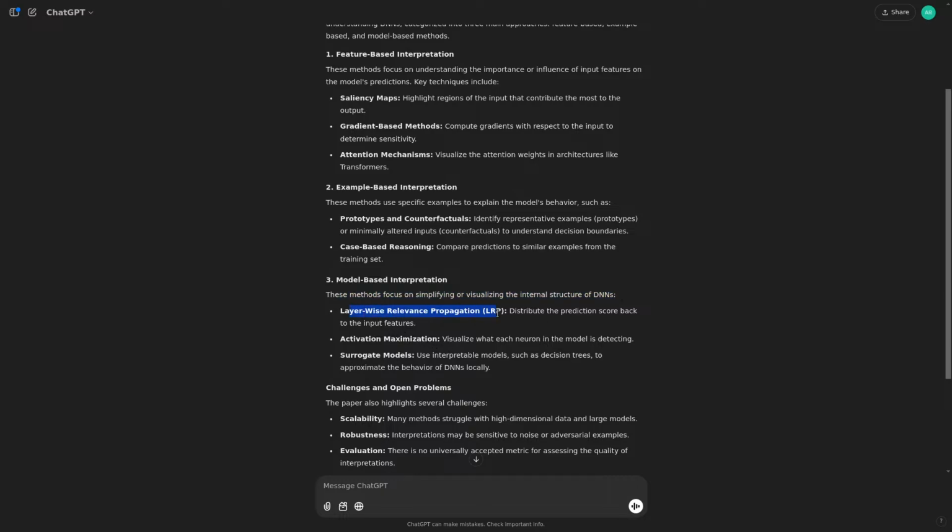Layer-wise relevance propagation distributes the prediction score back to the input features. Right, so each feature gets a score.